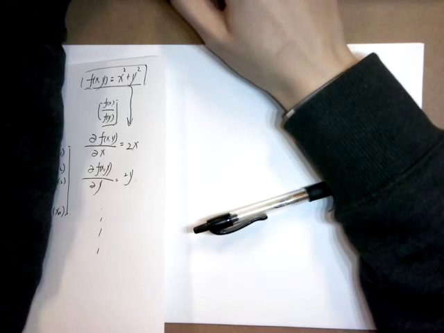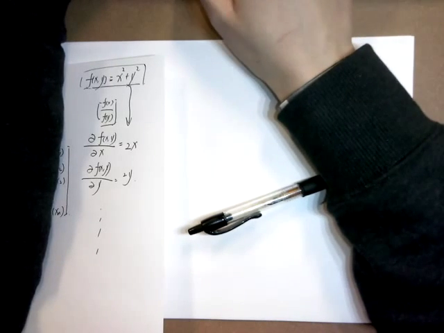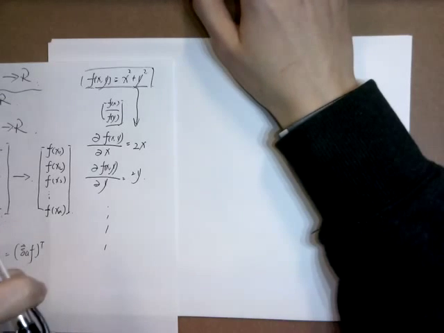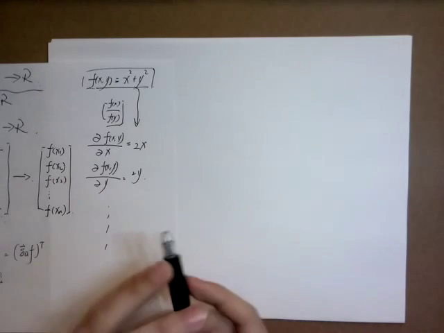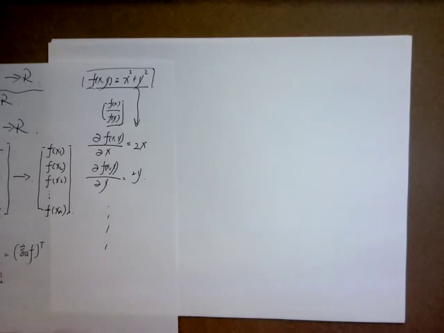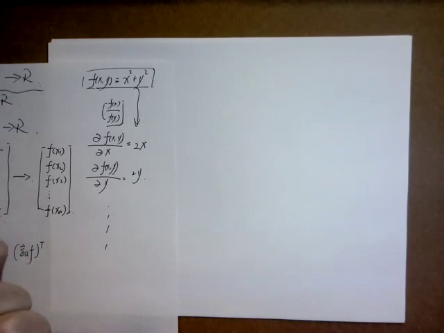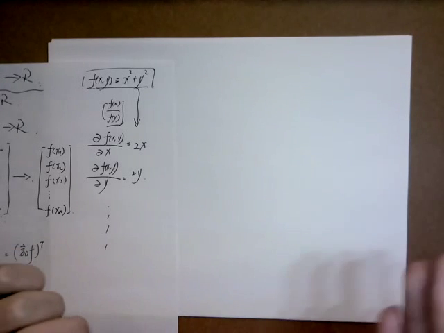Okay. So this is the height field of this function. This is basically a paraboloid of revolution. You can see if you look at this function from any direction, it's a parabola. It's basically x squared if you look from the x direction, or y squared from the y direction.